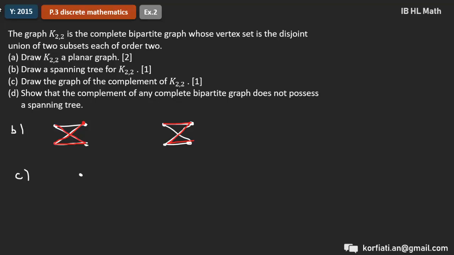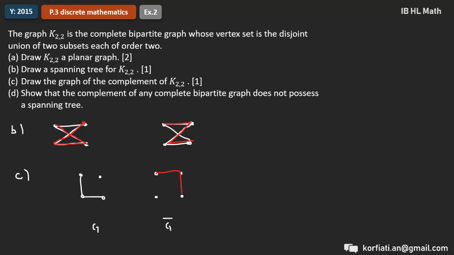So let's make a small example here. If this is my initial graph, well, the complement is going to look like that. It will have exactly the same vertices, but it will have the edges that are not contained in the initial graph. It will have the edges that, if they were contained in the initial graph G, would make it a complete graph.